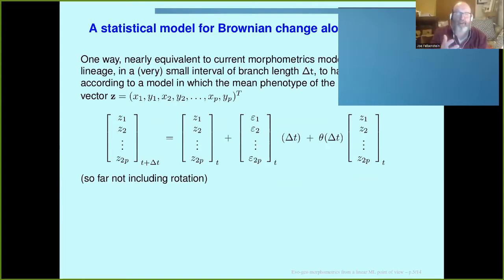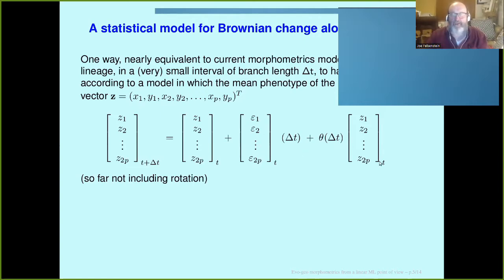And when you start doing a model of forms that have XY coordinates, here's a vector of a form, x1, y1, x2, y2, all the way up to xp, yp.